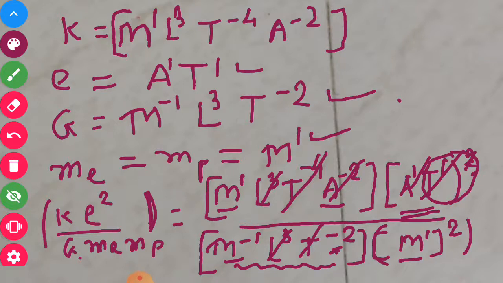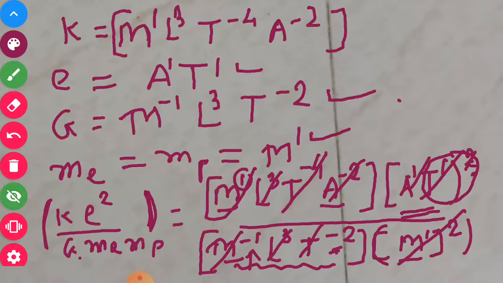This M⁻¹ is going up, therefore it becomes M⁺¹, and this M⁺¹, so in total it becomes M⁺² and this M⁺². So every dimension is cancelling out, so we can say this is a dimensionless quantity. This ratio which is given to us, ke²/GMeMp, is a dimensionless quantity.